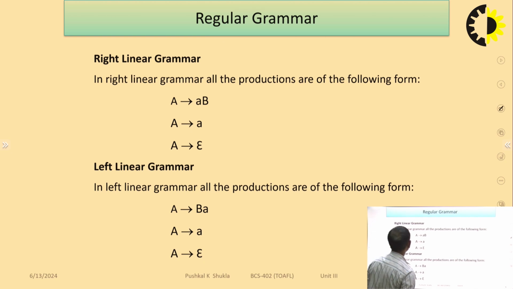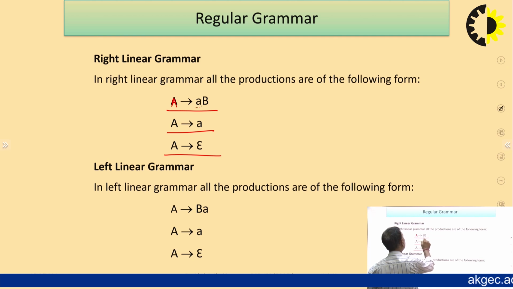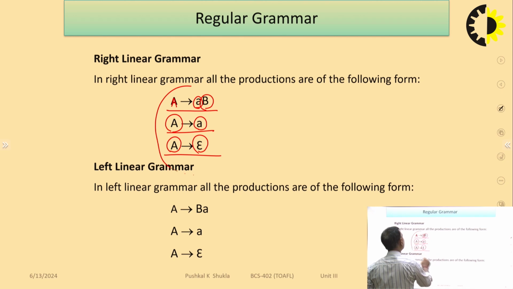In right linear grammar, A equals aB, A equals a and A equals epsilon, where the left side is a non-terminal, followed by a terminal and a non-terminal.